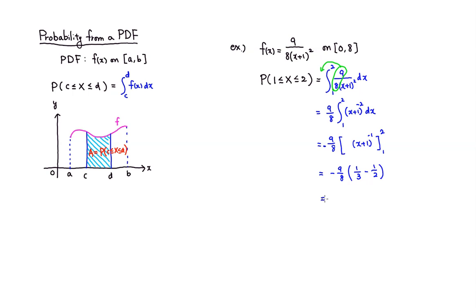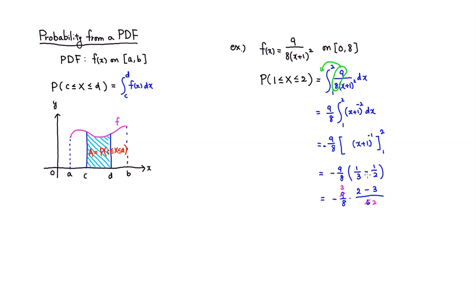So this is negative 9 over 8 times, a common denominator between 3 and 2 would be 6. Multiply by 2, multiply by 3, we have that. Now we can simplify: divide by 3, you get 3, divide by 3, you get 2.